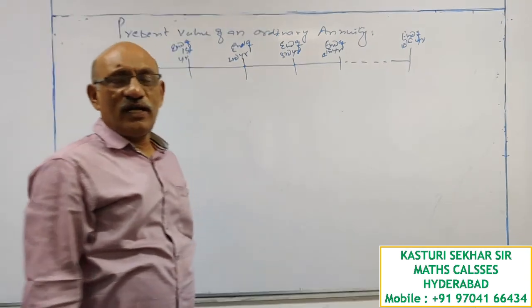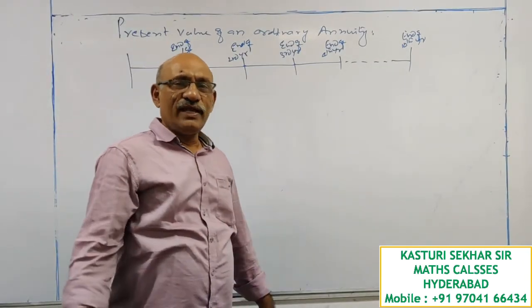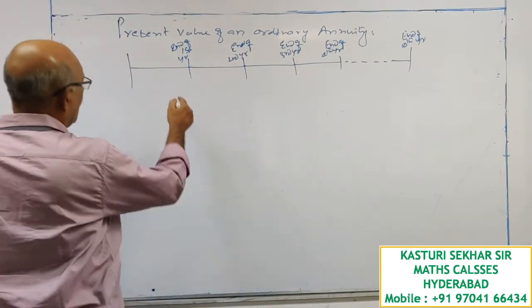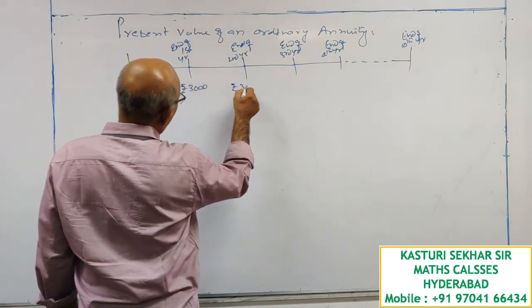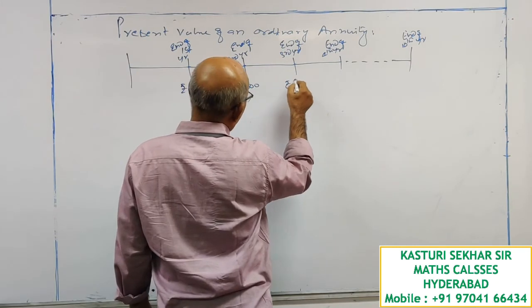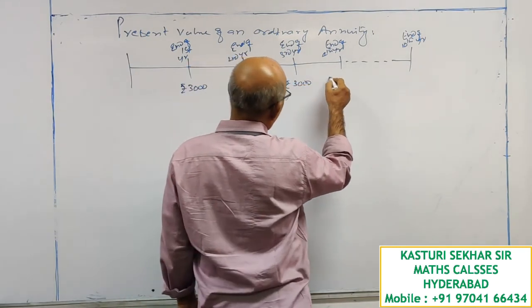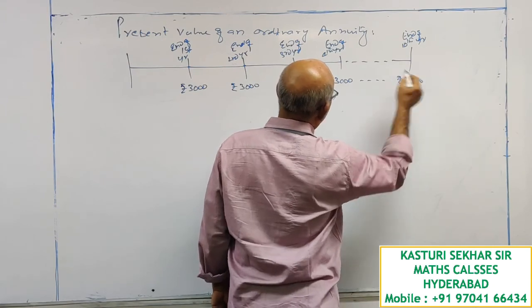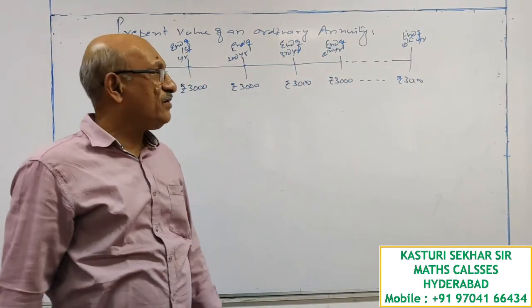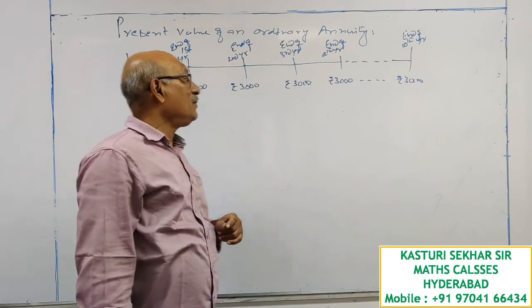Let us restrict our discussion to 10, then we can generalize the result. Now let us say this is rupees 3,000, rupees 3,000, rupees 3,000, rupees 3,000, etc. This way a series of 10 payments you have.